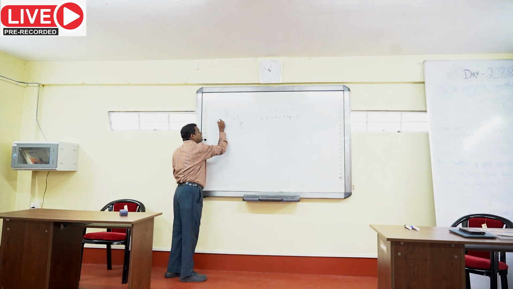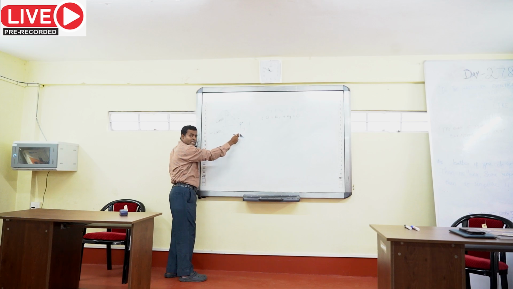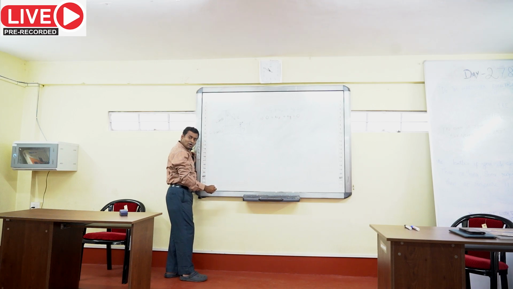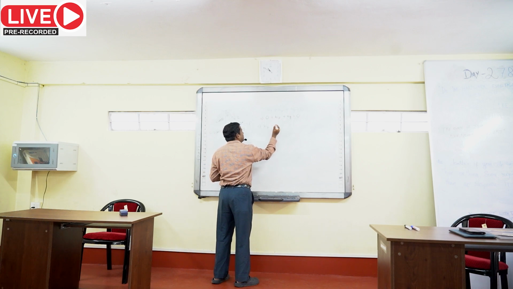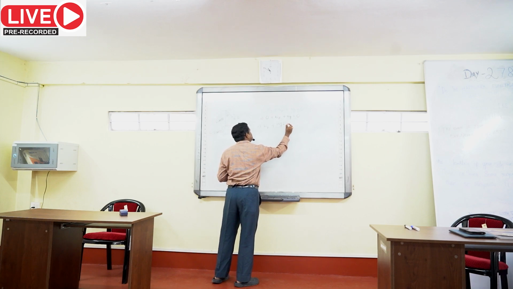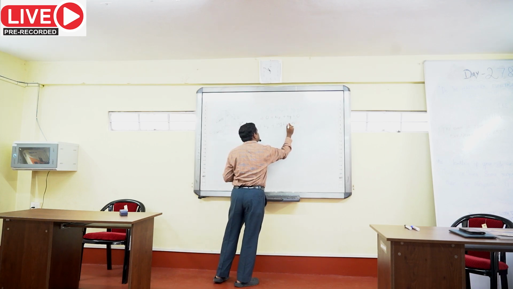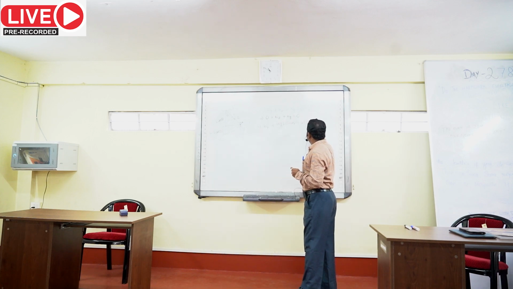This is L, so what is the length of this part? That is equal to y. The direction of y is upward, and mg is downward. So WF minus mg into L into 1 minus cos theta.